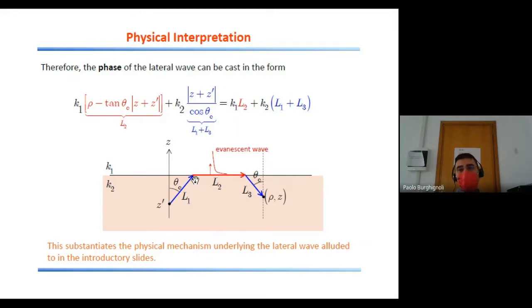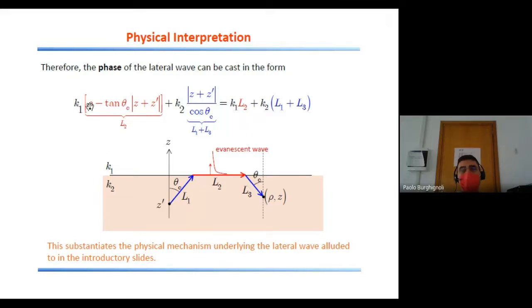This horizontal arrow is defined by the critical ray emitted by the source that propagates at the critical angle with respect to the vertical direction, and this impinges somewhere at the interface at the point where the red arrow starts, whereas the red arrow ends exactly at the point where the ray, if emitted at the critical angle, would refract back in the denser medium to reach the observation point.